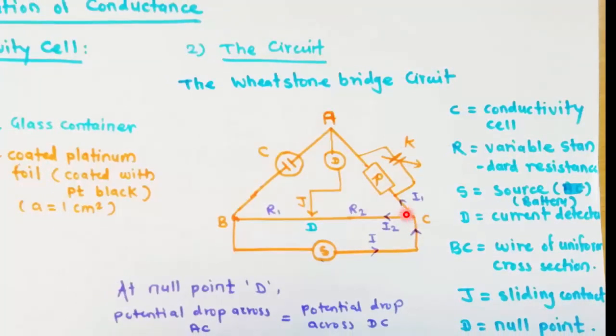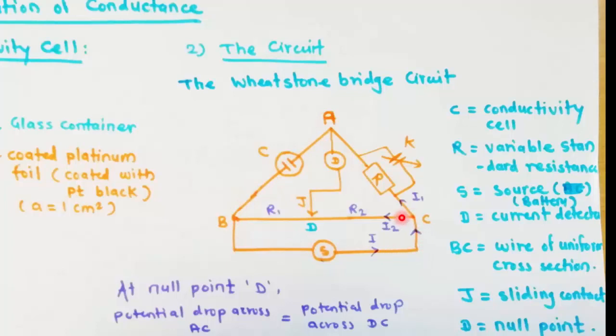I1 will flow via CAB and then to S, and I2 will flow from CB to S. This is the direction of I1.